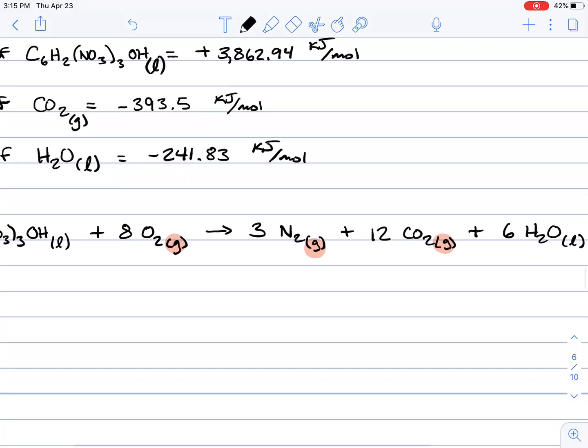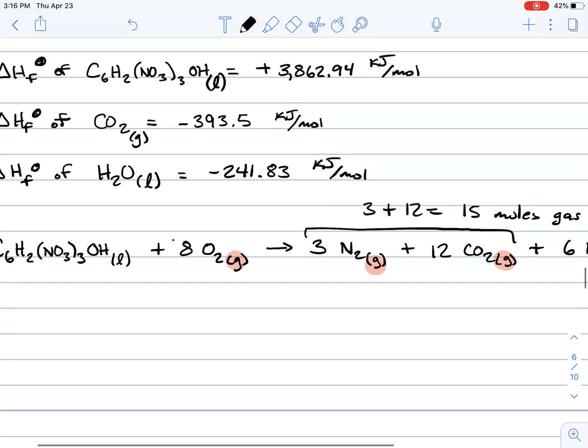And so here, on the product side, we simply have the sum of these two. So 3 plus 12, that's going to be 15. So we have 15 moles of gases on the right side of this chemical equation, while on the reactant side, or the left side, we only have 8 moles of gases.